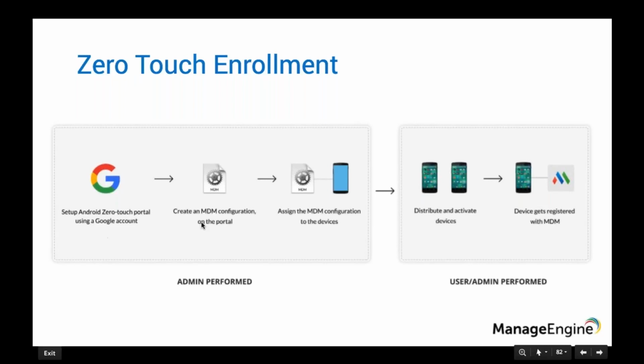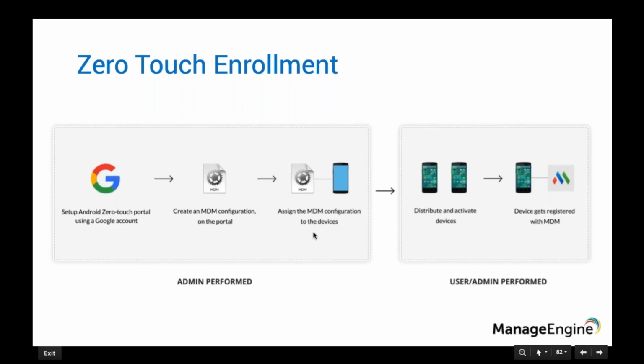Once you are done with that, you need to create an MDM configuration on the portal. This MDM configuration will then be distributed to the devices. The MDM server details that are present in the configuration are used by the device to contact the MDM server to initiate enrollment. Once the device is distributed, it gets automatically enrolled with MDM on device activation.